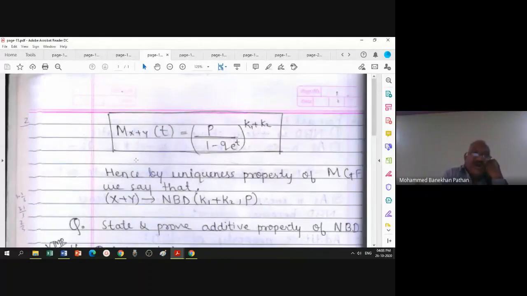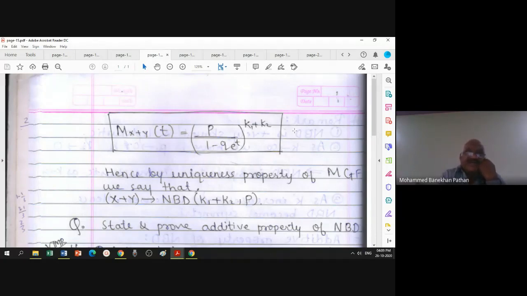Now, I taught in first year three properties of MGF. If you recall, the additive property of MGF, the change of origin and scale property of MGF, and third is the uniqueness property of MGF. This property I stated without proof because the proof is out of your syllabus scope.